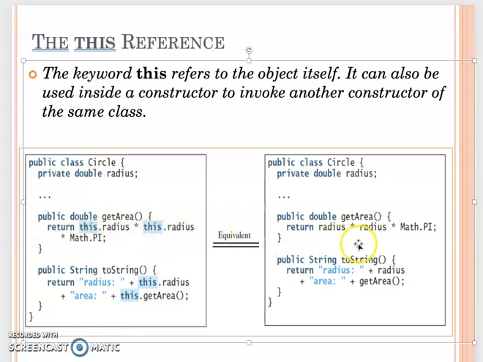This actually just means this refers to the host object. So you may feel weird why I need to use this radius. In this case, they have no difference.